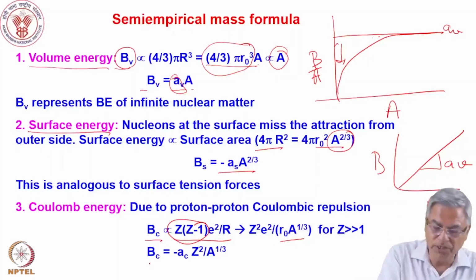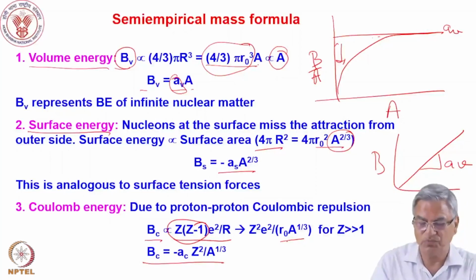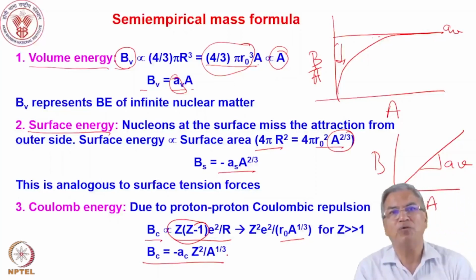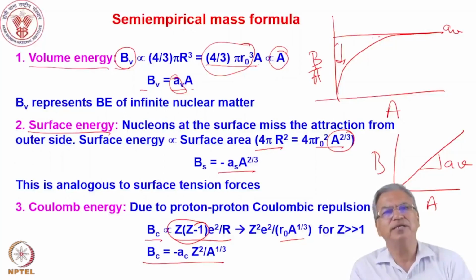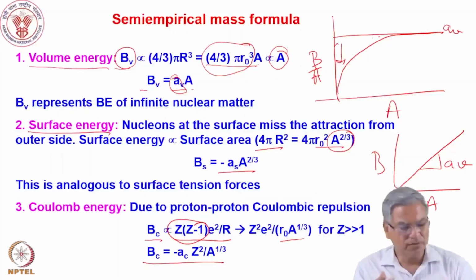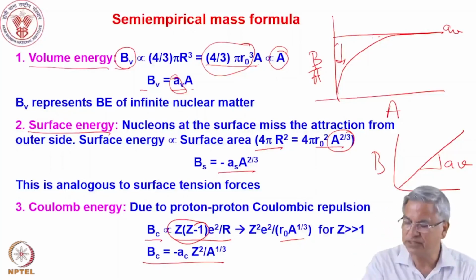So the Coulomb energy term becomes minus A_C, where A_C is nothing but e squared upon R0, times Z squared upon A to the power 1/3. So this Coulomb energy term, again, is a negative contribution to binding energy because this is a repulsive term. The volume energy term is an attractive term, but the Coulomb energy term is a repulsive term. So it is trying to decrease the binding energy of the nucleus.